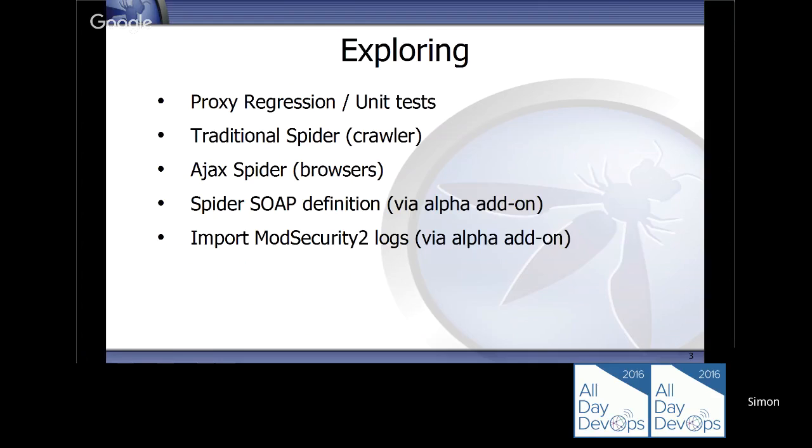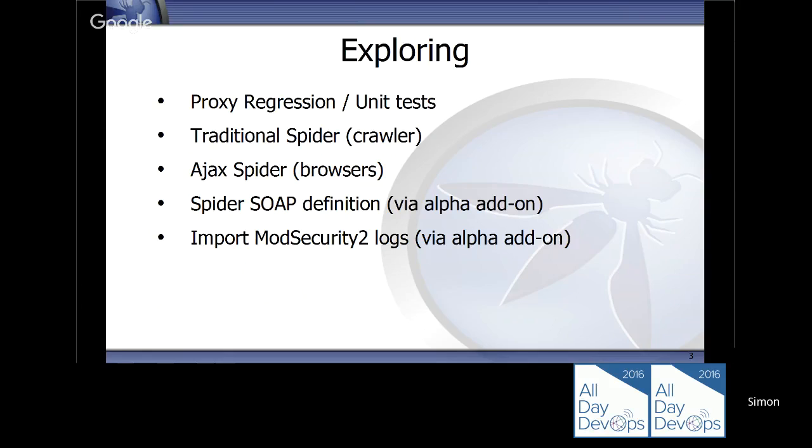When you do automated testing, how effective the scanning is often comes down to how effectively you can explore the application. So the better you explore the application, the better your automated scanning will be. One of the best options, I think, is proxying regression or unit tests. If you have effective unit tests which use a browser, or use any sort of web communication, then proxy those through ZAP.